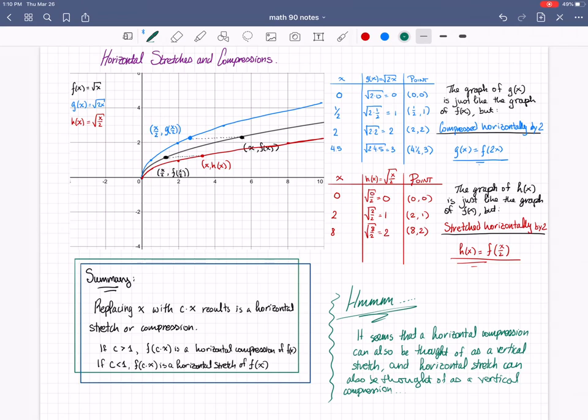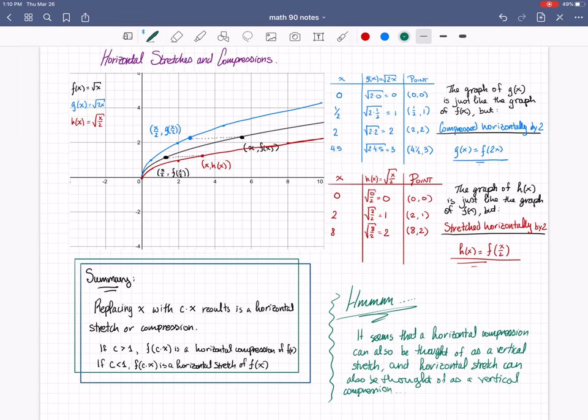It's a vertical stretch by a factor of something that is going to be dependent on what the function is. So that's why we call this a horizontal compression, because it's consistent regardless of what function I use, whether it's the square root of x or absolute value of x or x squared. When you replace x with 2x, that's always going to be a horizontal compression by 2.